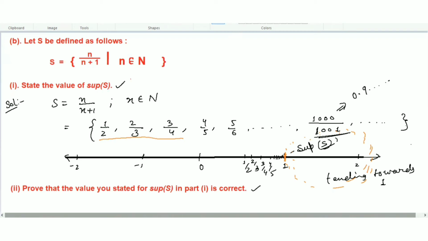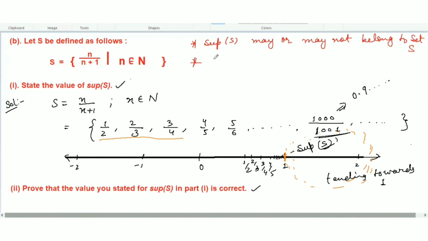There are two main points to understand about the supremum of S. The supremum of S may or may not belong to the set S. So this is the first point we have to notice.